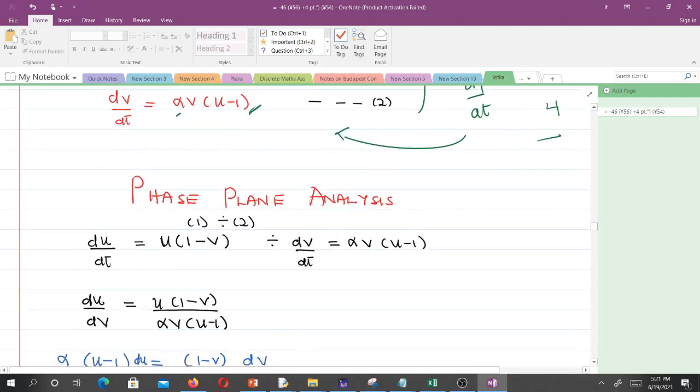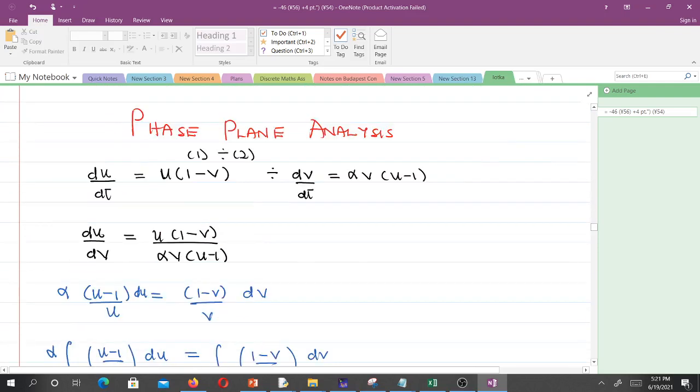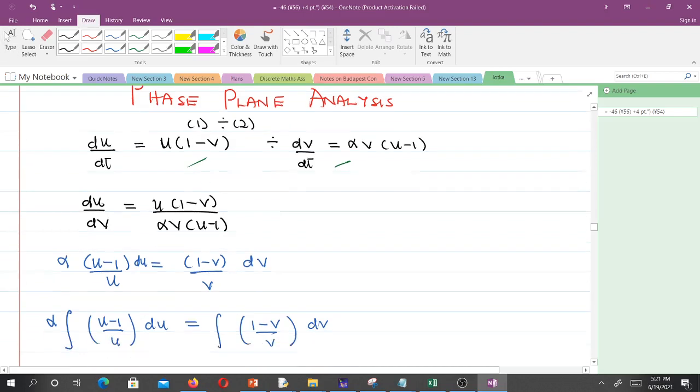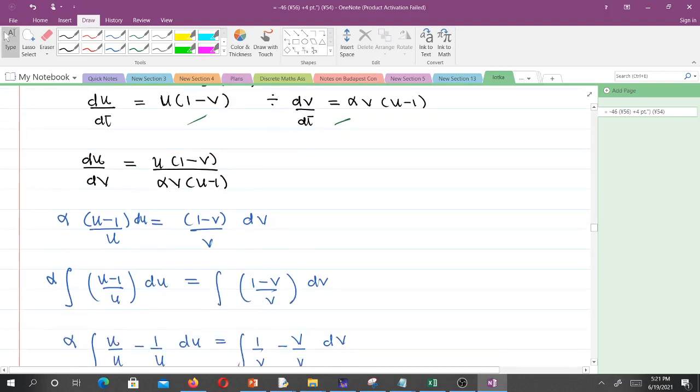And when we do that, we are going to get du/dv will be equal to u times (1 minus v) over alpha v (u minus 1), right? And when we decide to do rearrangements, we are going to get alpha (u minus 1) over u du will be equal to (1 minus v) over v dv, right?